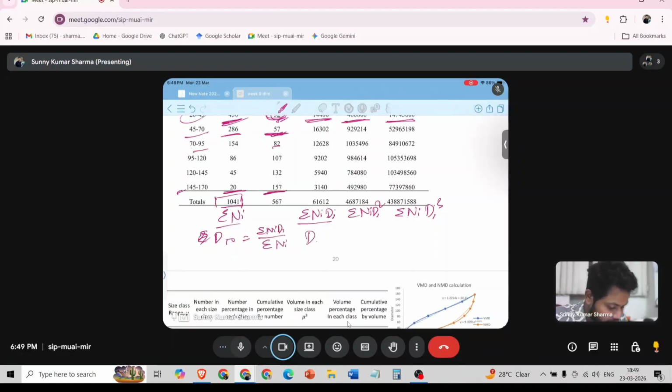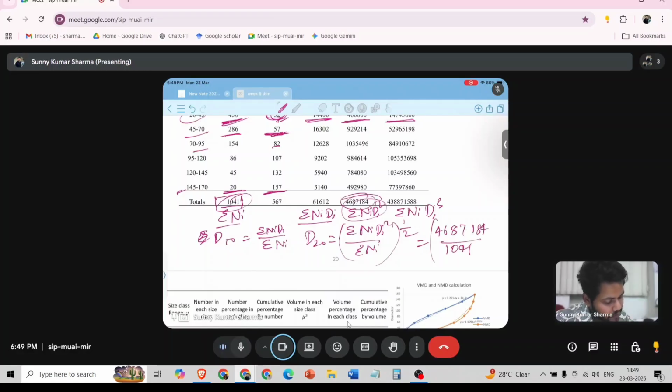The second is the surface mean diameter, D20, which is sigma Ni di square by sigma Ni, all to the power 1 by 2. So this is 4687184 by 1041 to the power 1 by 2. The volume mean diameter is this by this to the power 1 by 3, which is 438 by 1041 to the power 1 by 3.